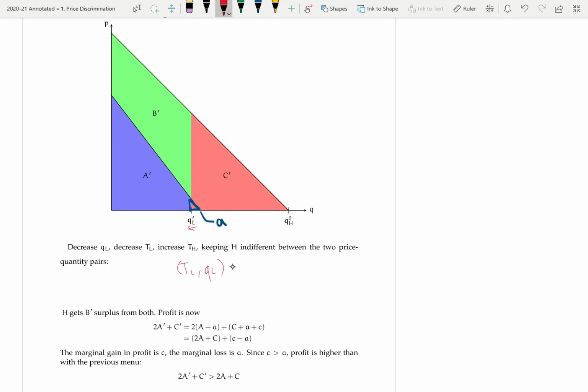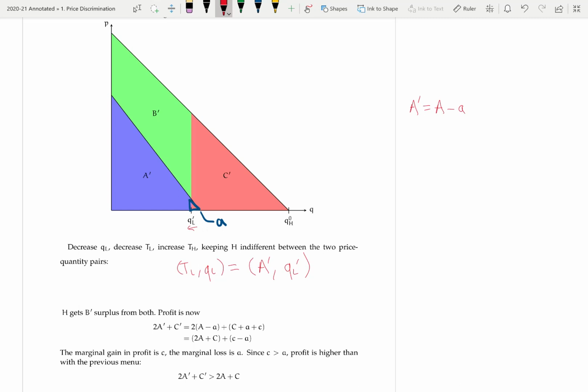It reduces TL by small a to A dash, and it's reduced the quantity to QL dash. So A dash is equal to A minus small a. So this is so far a reduction in profit of A. But that's a very tiny triangle because consumer L is not willing to pay very much for these units here.